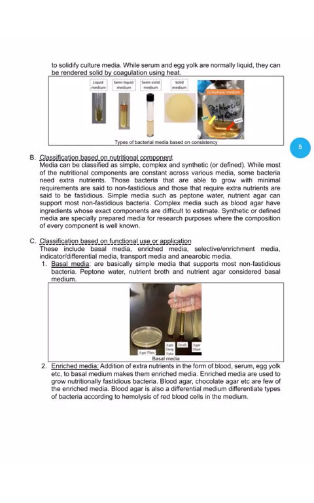There is a difference between enriched media and selective enrichment media, so don't confuse between them. There is what we call indicator or differential media. There is transport media and anaerobic media. So these types of media are divided according to their application and function and the type of bacteria that will grow on these different media.